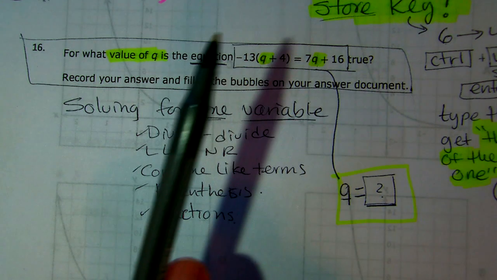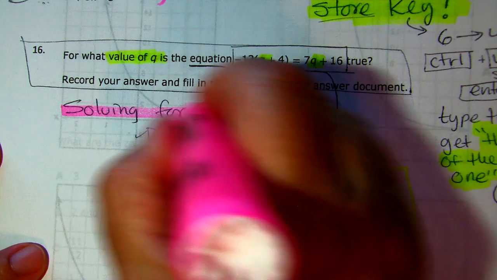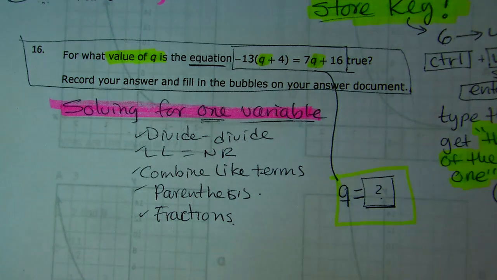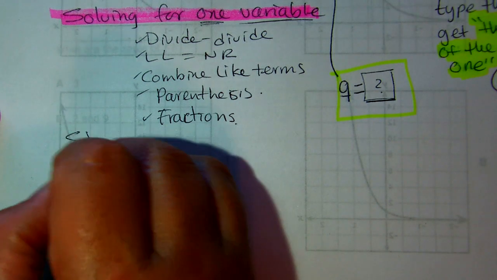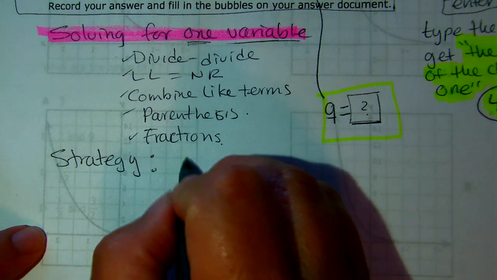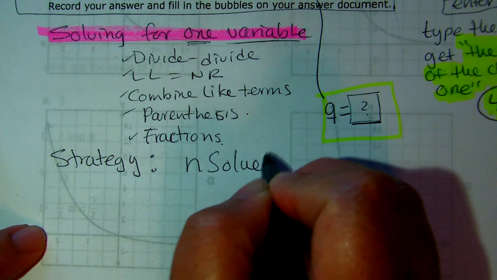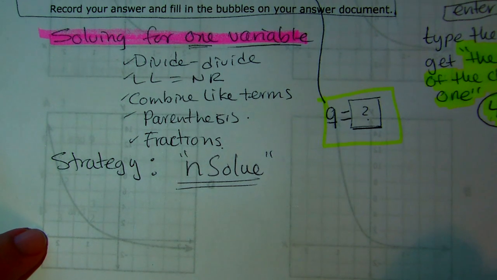Okay, so in order for us to do the solving for one variable, this is the strategy that we're going to use with the calculator, okay? What is our strategy? It's called the n-solve. I know that some of you probably are going to remember this.